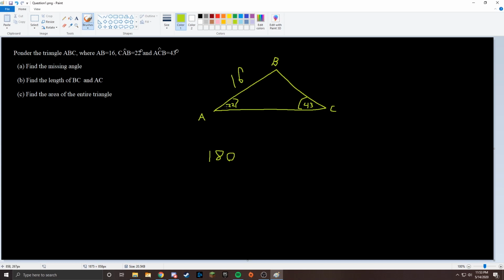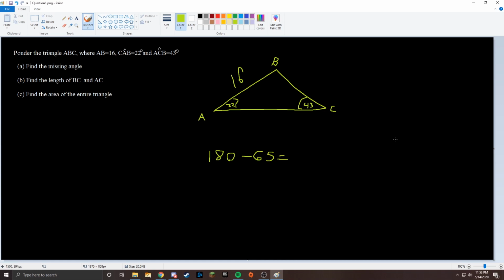So, if we add 22 and 43, we get 65. So, if we take 180 and we subtract 65, we will get our unknown angle.